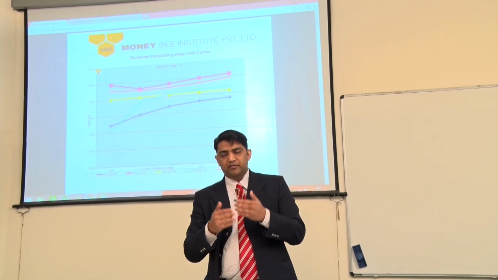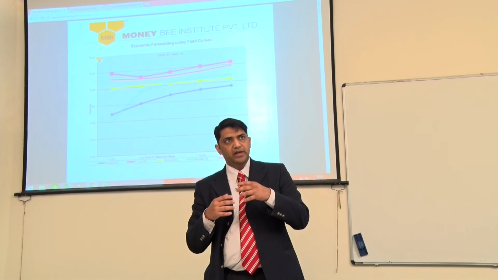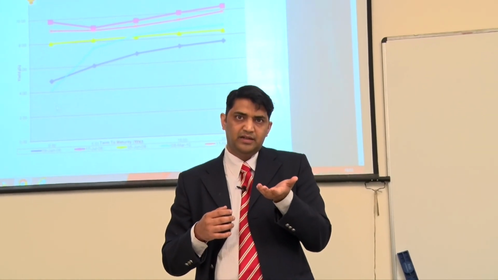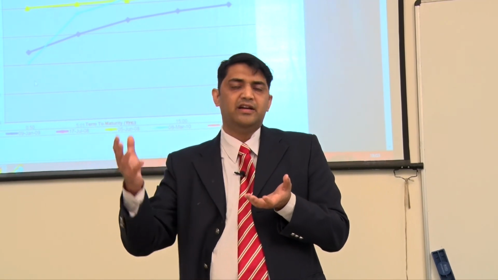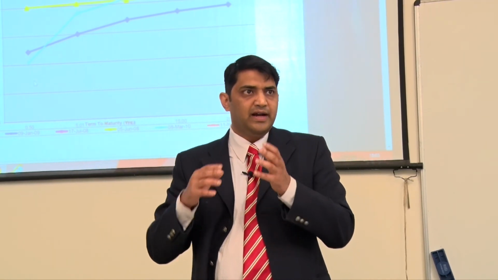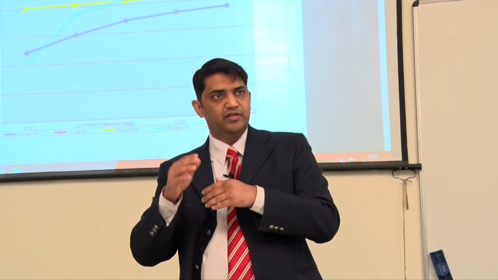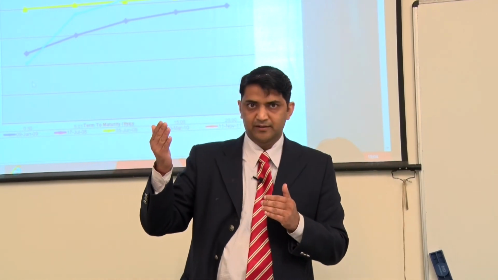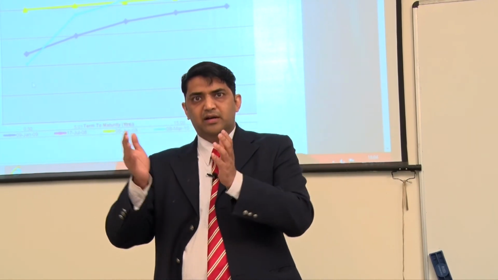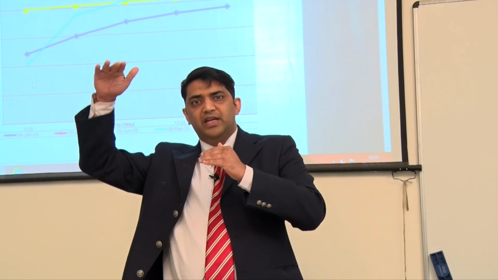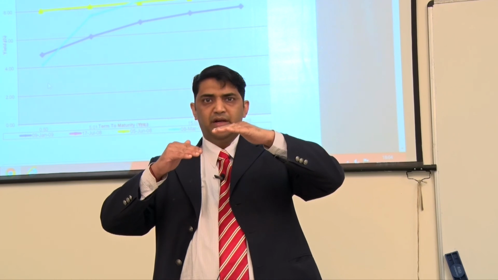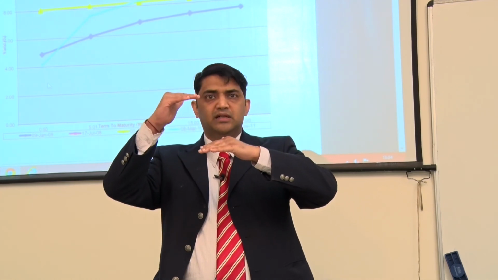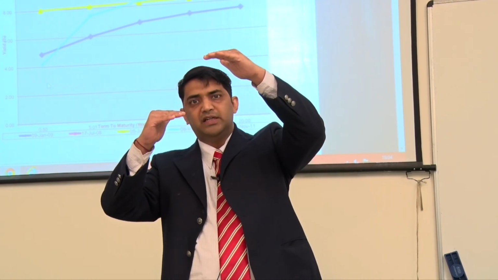So when the government of India is borrowing at, let us say, 8%, then any large private corporate entity that wants to borrow will have to pay an interest slightly higher than 8%, and a smaller corporate entity will have to pay even higher. So let's say government of India 8%, some big private corporate 9%, a smaller corporate 10%.